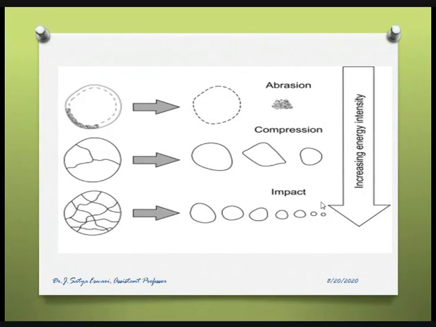Now when you see the actual principle of abrasion, compression and impact, with abrasion or attrition, we will try to rub it using a file and then we will be reducing the particles. Whatever is there on the upper side, if you see the cursor, on the top, that is abraded or grated by using attrition.